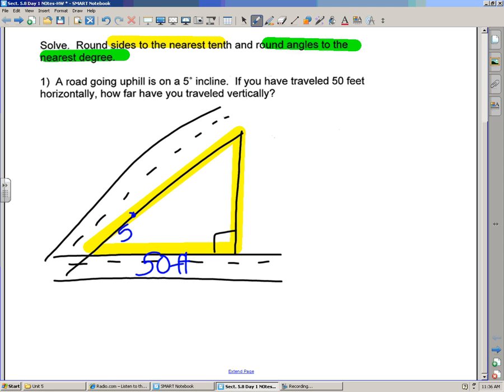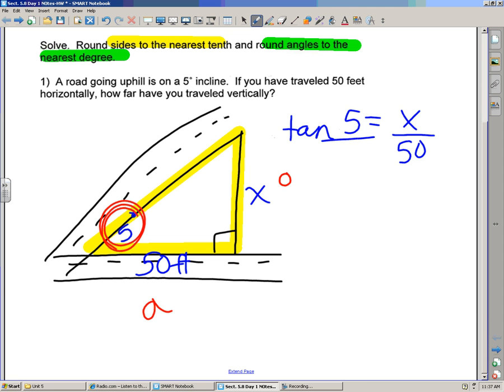You can label this degrees if you want. It wants to know how far you've traveled on the vertical. So just like we always do, we look at the angle that's not the right angle. Here's our 5-degree angle. x is the side opposite it, 50 is the side adjacent to it. With SOHCAHTOA, that ends up being a tangent. So the tangent of 5 equals x over 50. Feel free to put that as a proportion over 1.